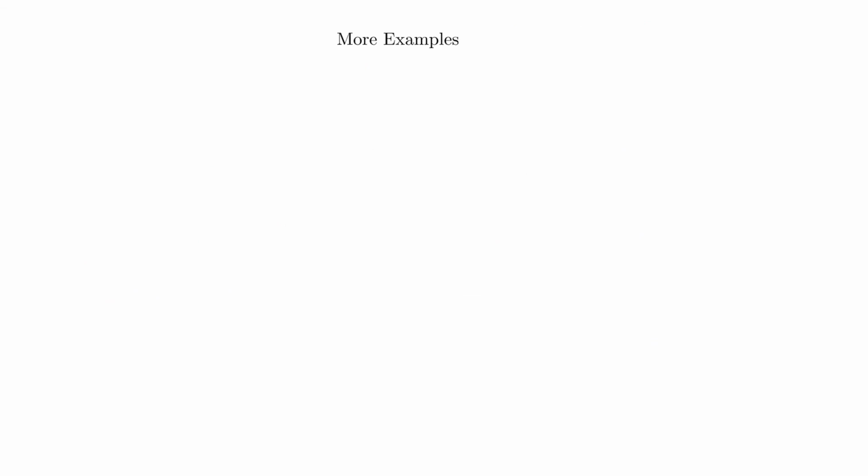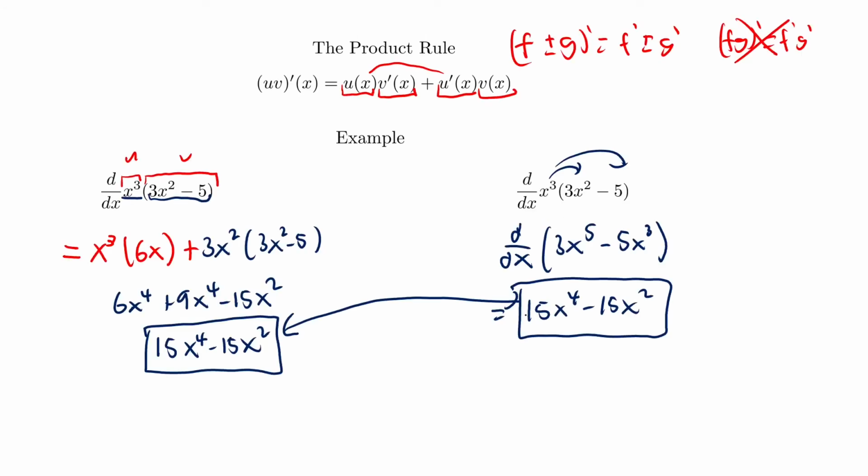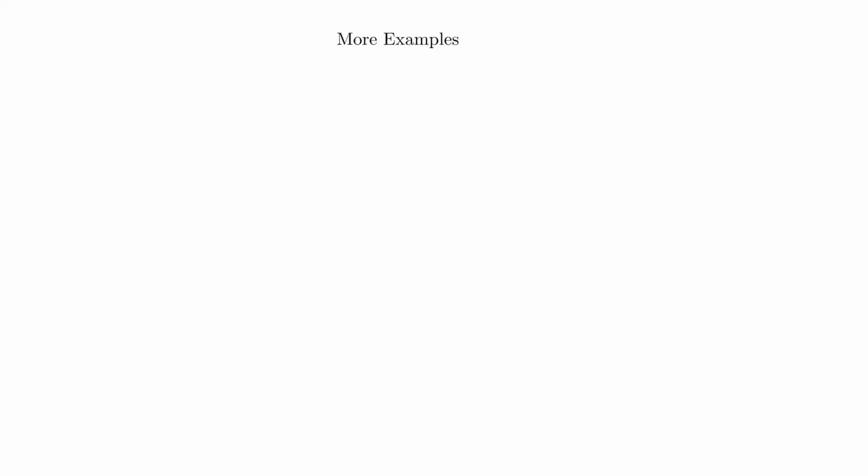Let's do one more example. In that last example, you might ask yourself, what's the whole point of even having a product rule if you can simply distribute like we did here? Well, there are some cases where you can't just distribute.